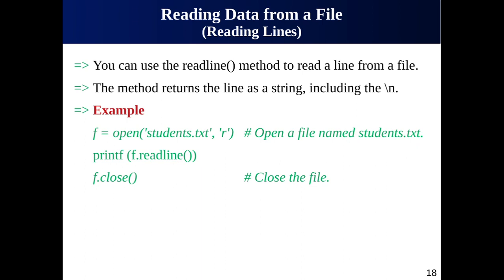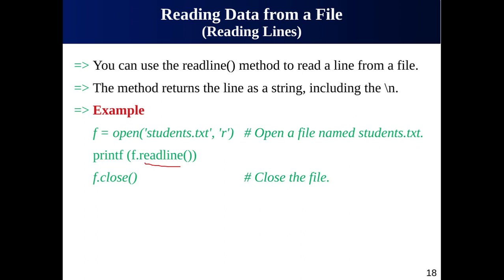A line is simply a string of characters that are terminated with a \n. So this method will return the line as a string, and this will also include \n, which means after displaying the line, the cursor will move to the next line. If you want to display another line, then it will be displayed on a new line.